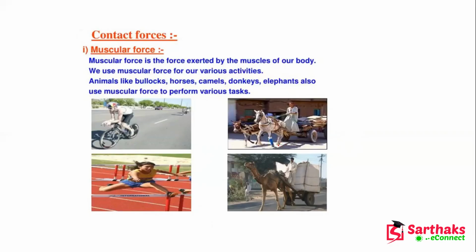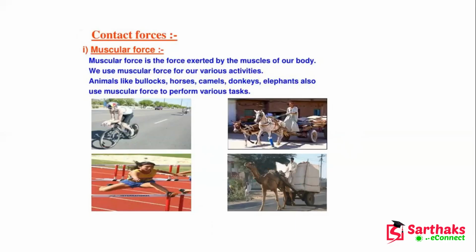So those animals actually are using their muscular forces to carry all those heavy objects, right? Here you can see that the camel is taking all the load of this van, right? So that means it uses the muscular force.